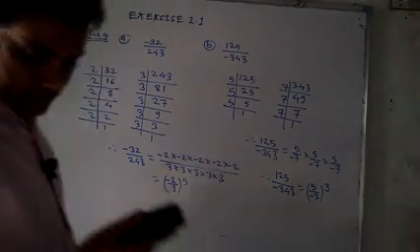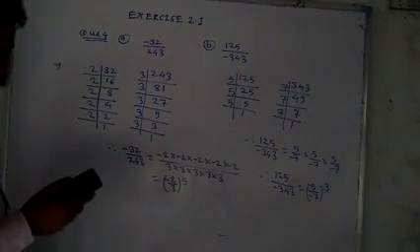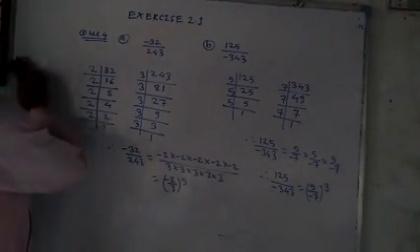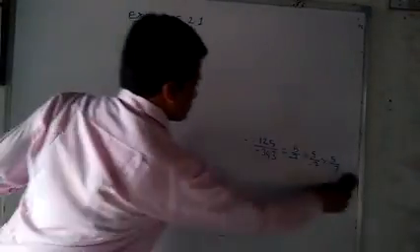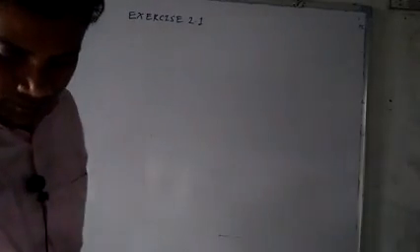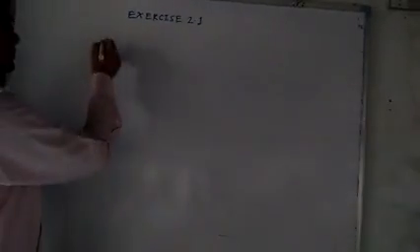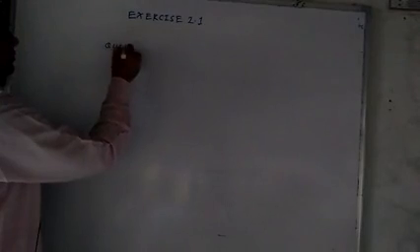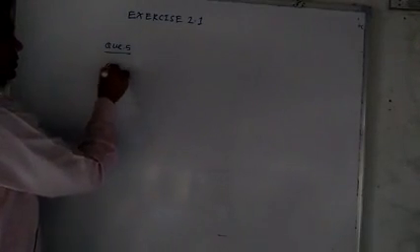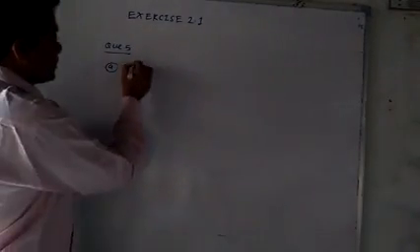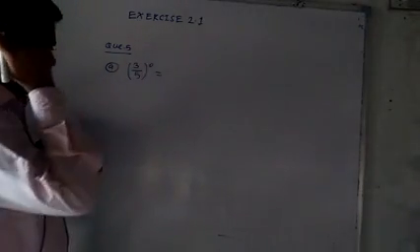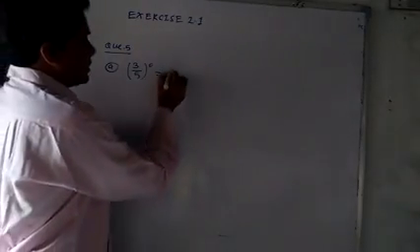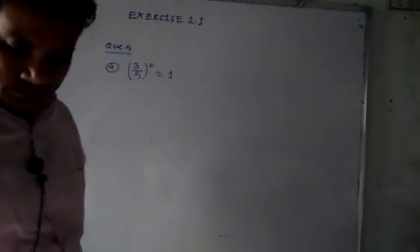Now question 5. Evaluate. First bit, 3 by 5 to the power 0. If power 0, then answer is always 1.